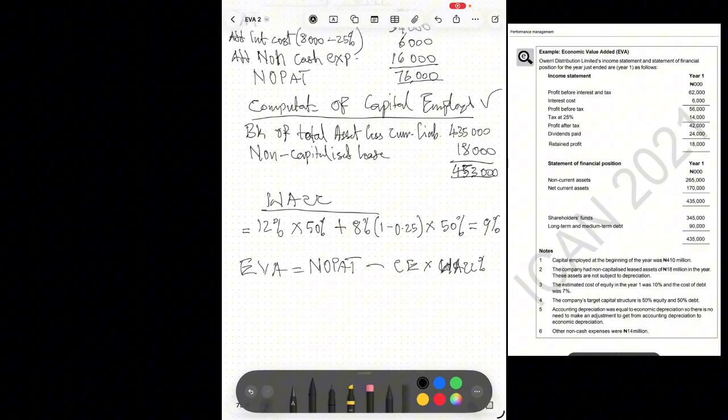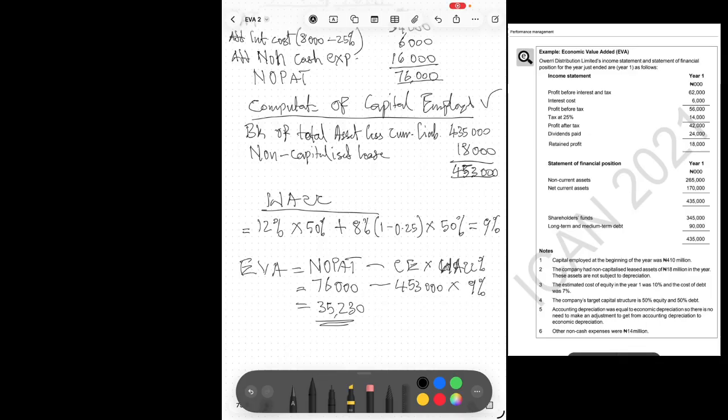We've calculated NOPAT as 76,000, minus 453,000 multiplied by 9%. That should give us a value of 35,230.